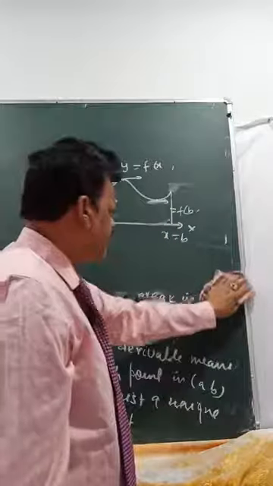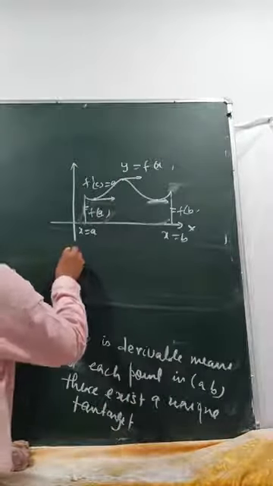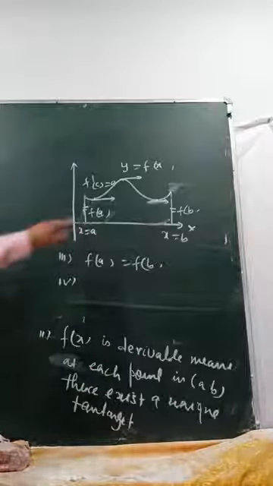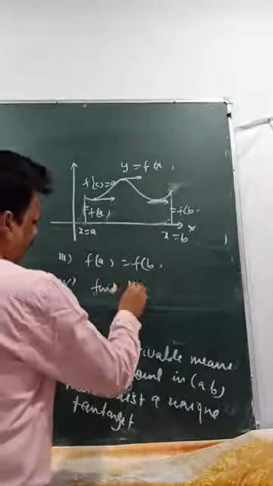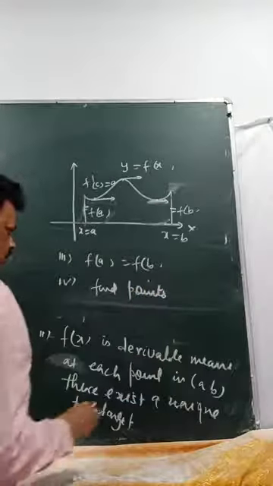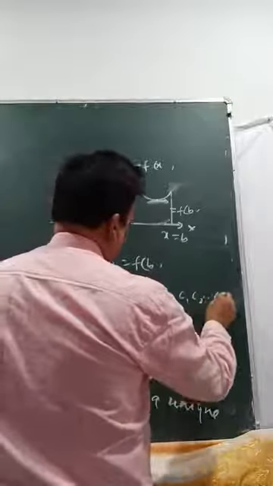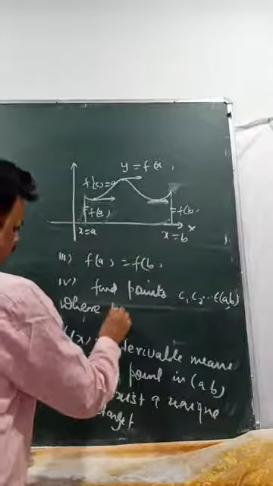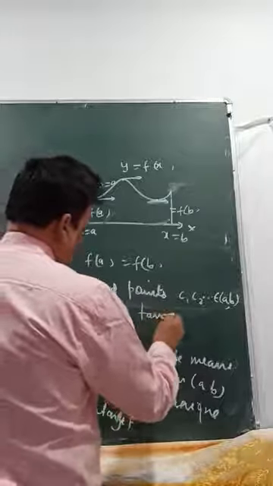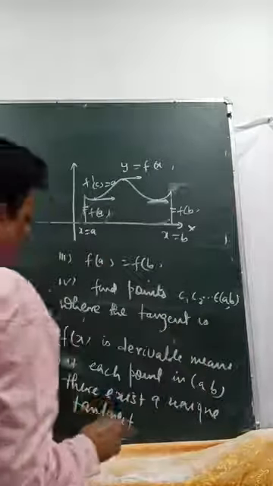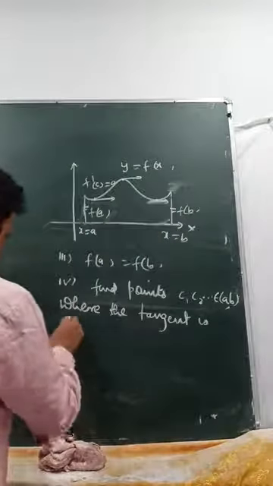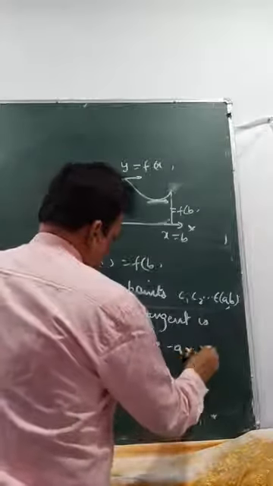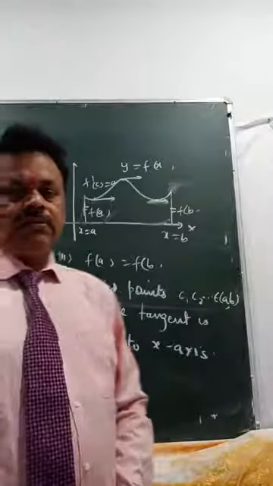Then you are going to find, fourth, points c1, c2, maybe more, belongs to (a, b), where the tangent is parallel to x-axis. These are the points we are going to discuss.